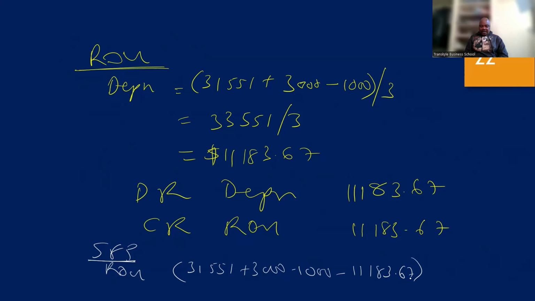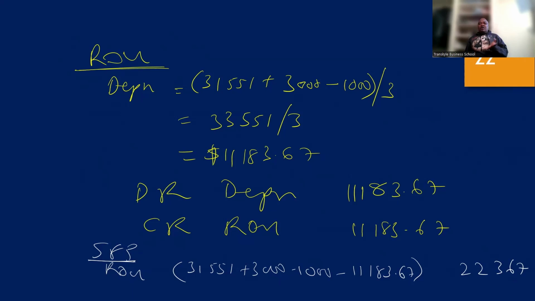The 31,551 plus 3,000 minus 1,000 minus 11,184. So that's 22,367. That is the SFP at the end of year one for ROU.